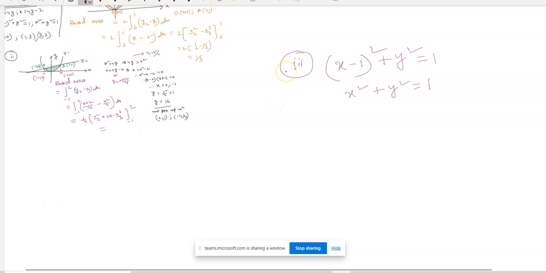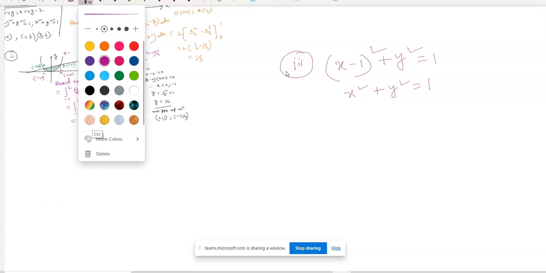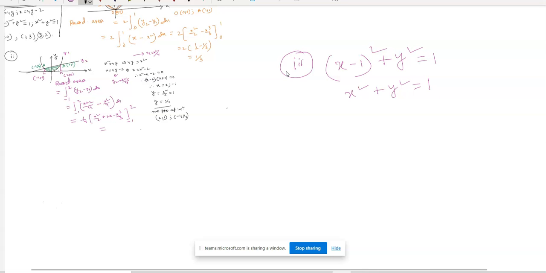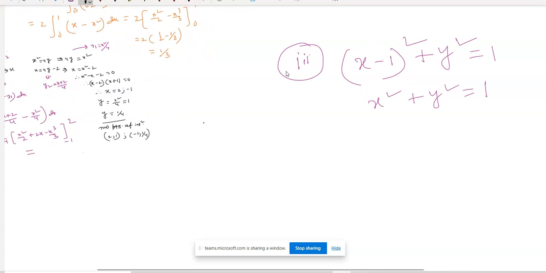Before you solve this problem, again your task is to trace the curve properly. We should trace it properly. That is x square plus y square equal to 1. Let us draw it first.